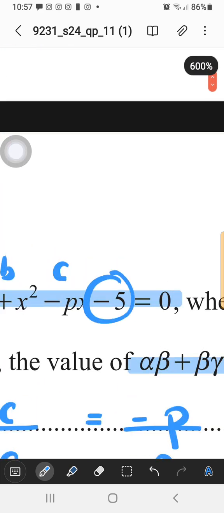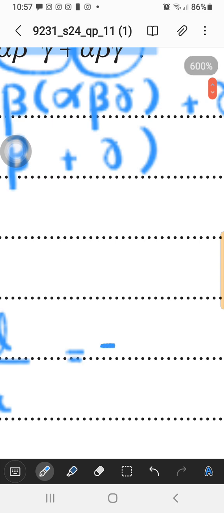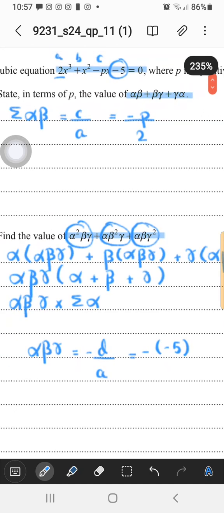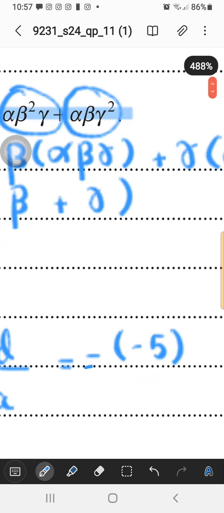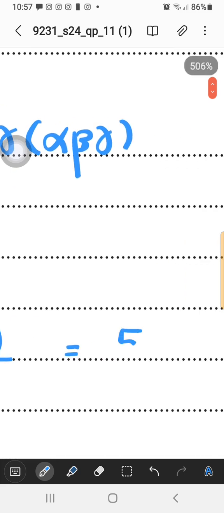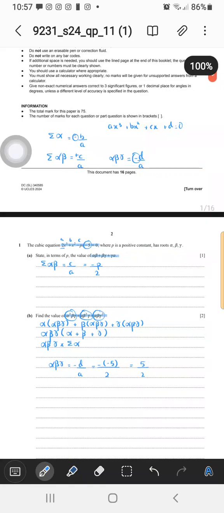What is d? D is negative 5. So we will write negative, negative 5. And what is a? A was 2. So it becomes 5 upon 2. Okay, till here.